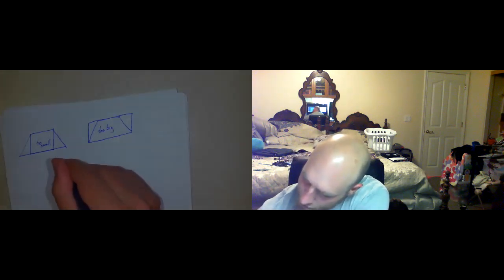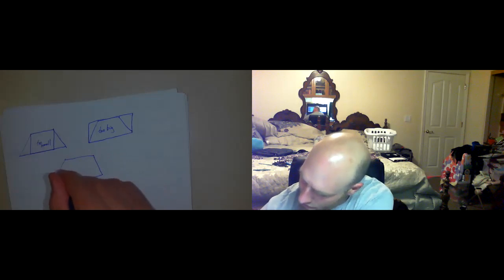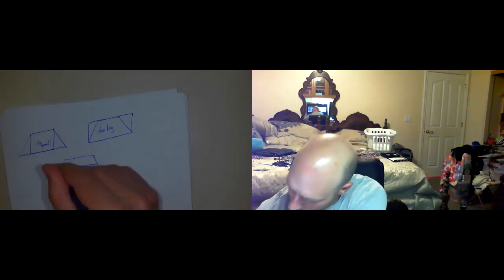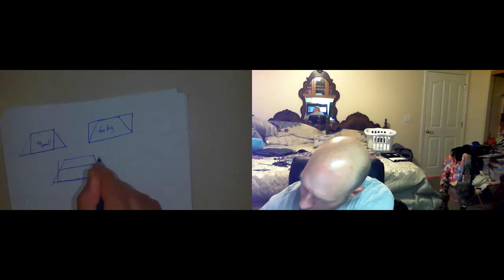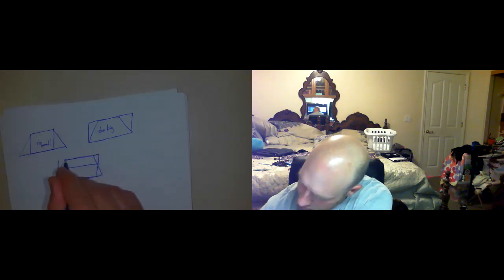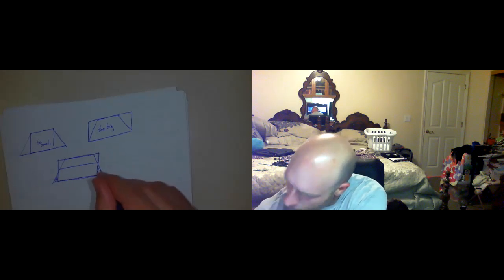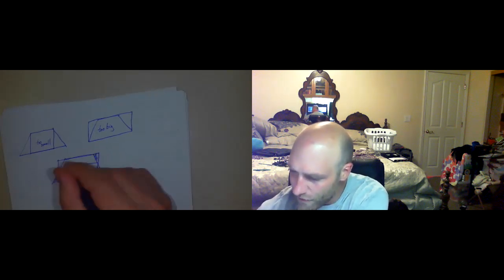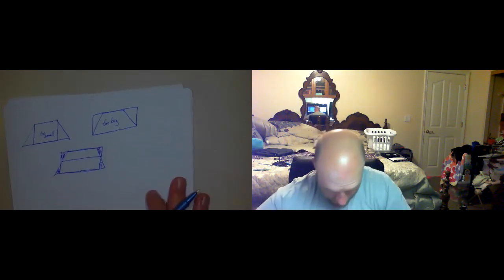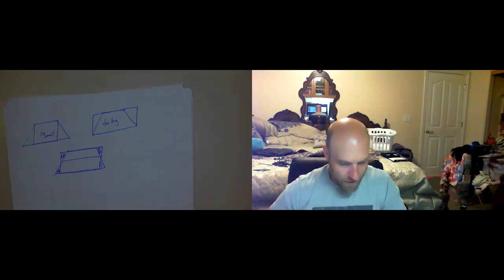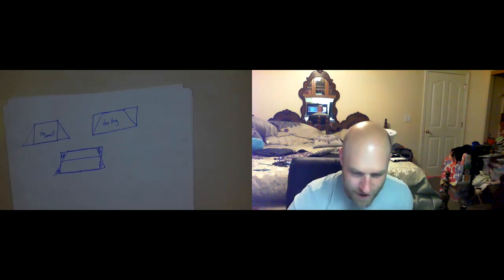So instead, she made a rectangle using the median as the width, and that rectangle was just right. Looks like it's a little bit too small on the bottom, but also a little bit too big on the top, and those two things cancel out. So those are the two formulas for the area of a trapezoid.